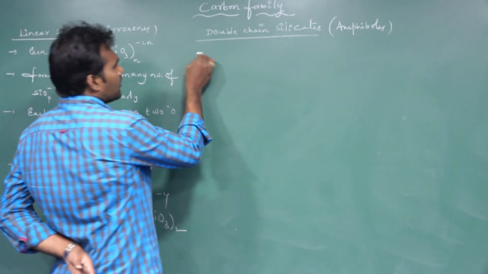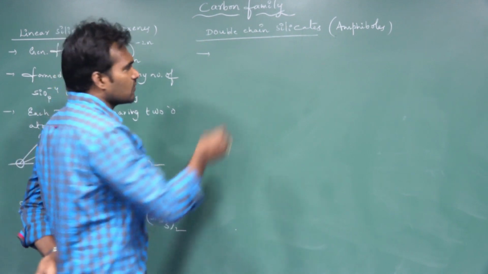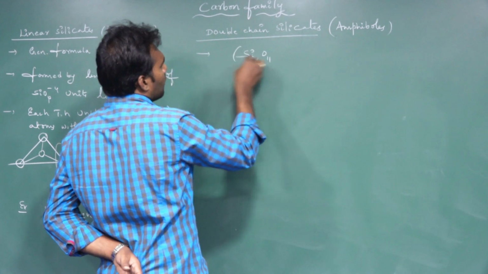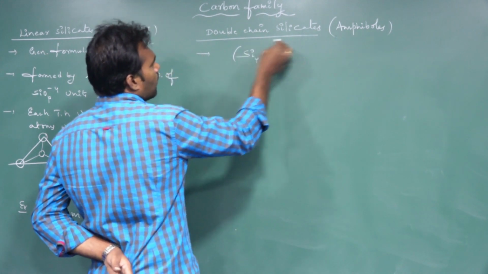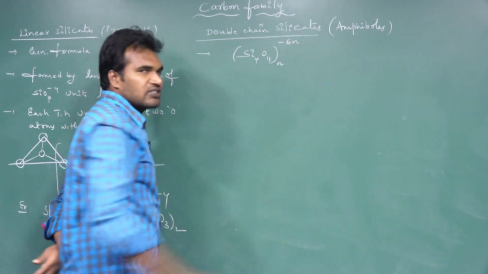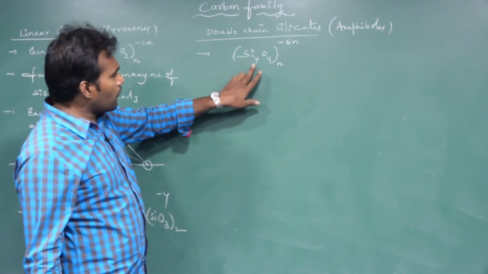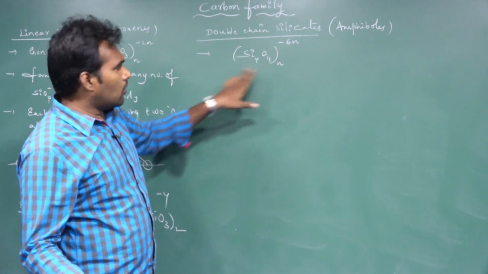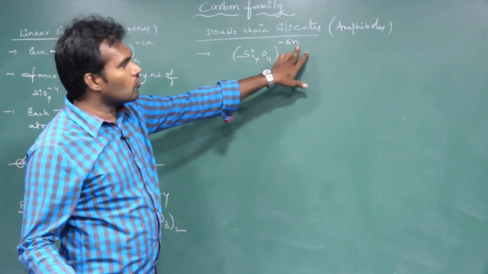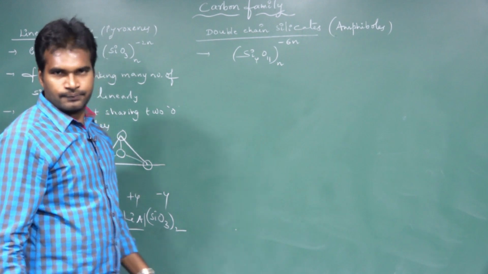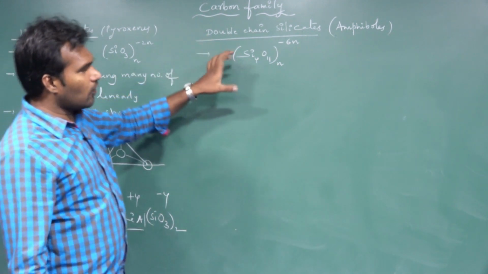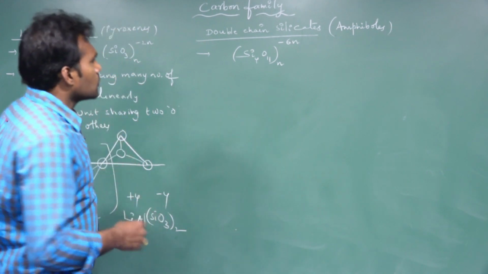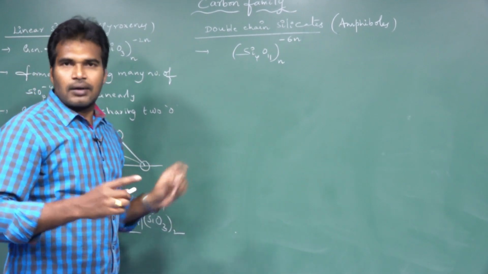And the general formula of these double chain silicates is (Si4O11)n, with charge -6n. Suppose n repeating units are there, then the charge on it is -6n. This is the general form, very very important. If you draw the structure, you will get an idea about it. So first I am drawing the structure of double chain silicates.